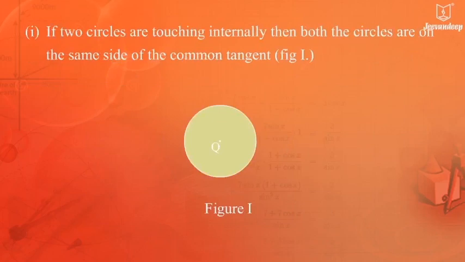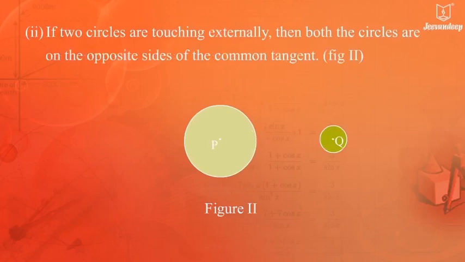If two circles are touching internally, then both the circles are on the same side of the common tangent as shown in figure 1. 2. If two circles are touching externally, then both the circles are on the opposite sides of the common tangent as shown in figure 2.